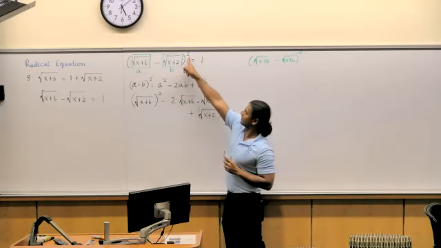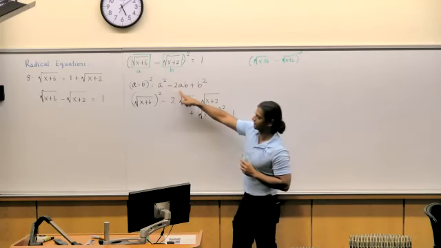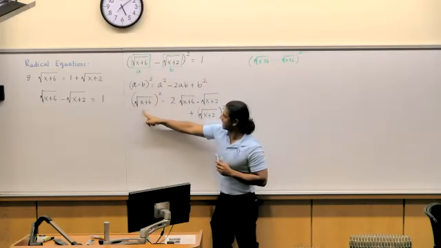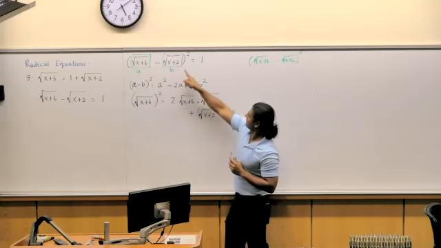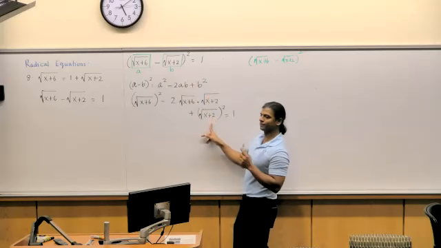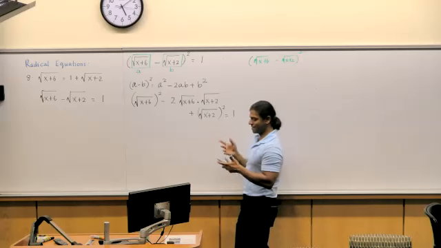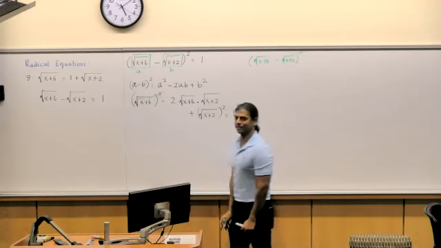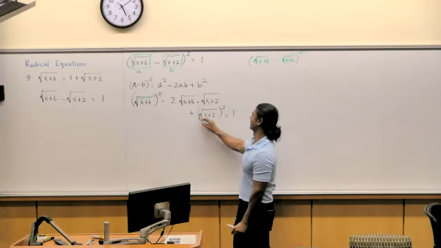A minus B squared is A squared minus 2AB plus B squared. Plugging in A and B. Good. Now, the root and the square will get cancelled, finally.